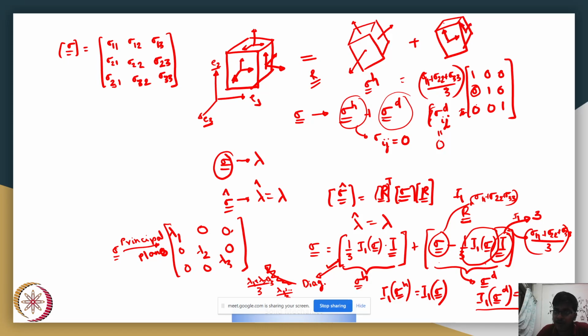So what you have is sigma h, which is causing a volumetric contraction or expansion in all three directions together, like a hydrostatic. The reason they call it hydrostatic is that this is very similar to what you see for a fluid at rest, which is minus p, 0, 0; 0, minus p, 0; 0, 0, minus p.